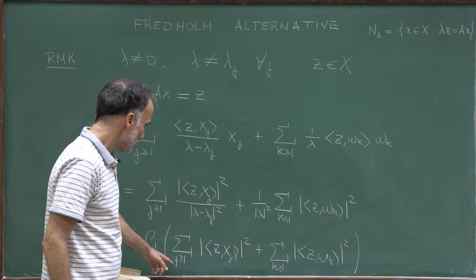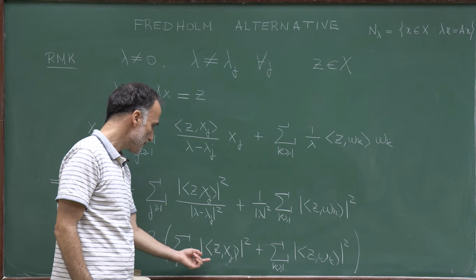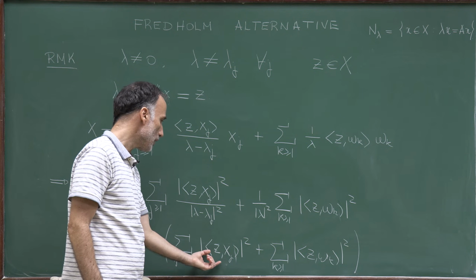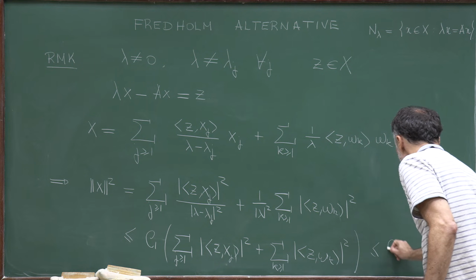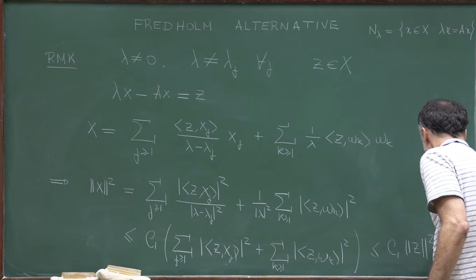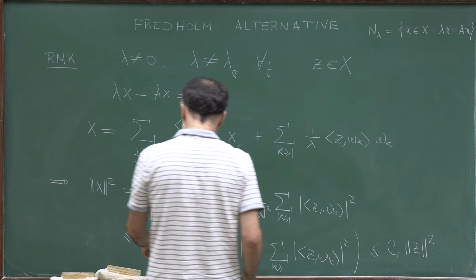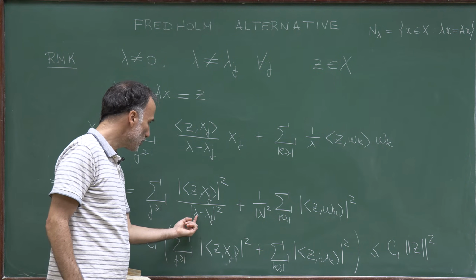And if you observe what I obtained, again by Parseval identity, this is equal to the square of the norm of z. So this is bounded by C1 times the norm of z squared. And this constant is independent of z. It depends only on lambda.